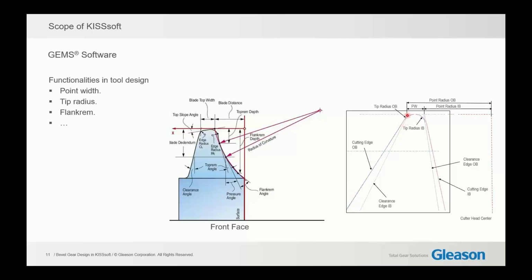For each bevel gear set, a development of the tool is necessary. The point width must be specifically designed for the slot width of face hobbing and face milling gears, and as a result the maximum tip radius, inner blade and outer blade are designed, and this is again the input for the KISSsoft strength calculation.